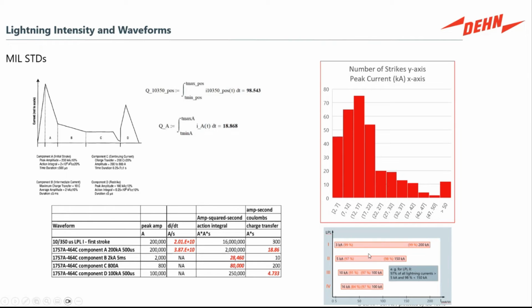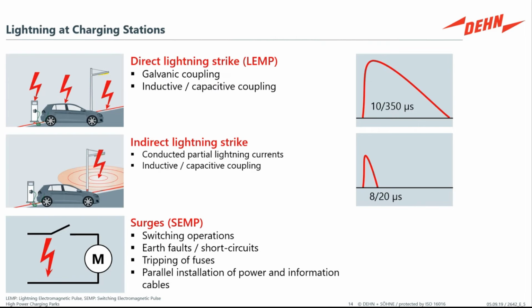So as your risk tolerance changes, you can tolerate a little bit lower level of protection, which gives you a different calculation method.